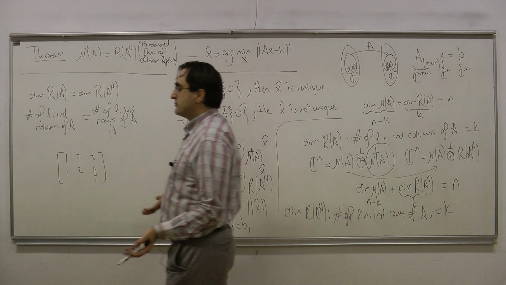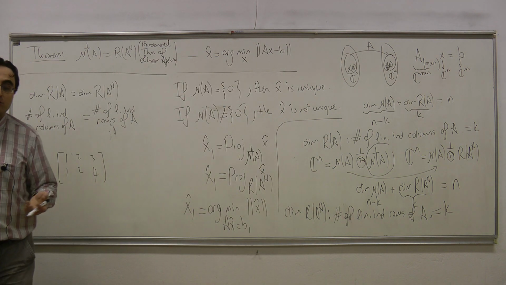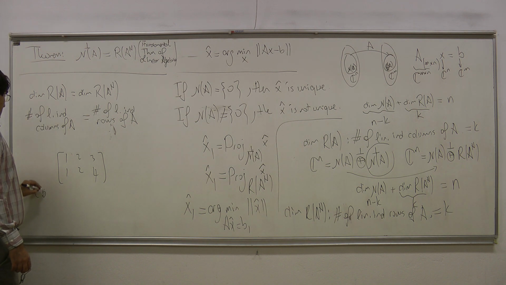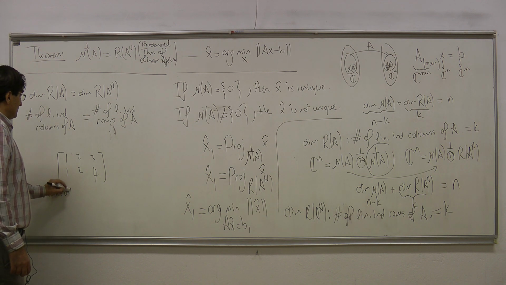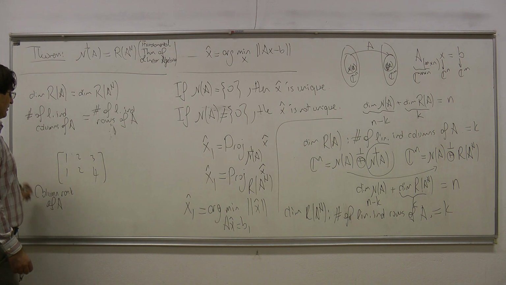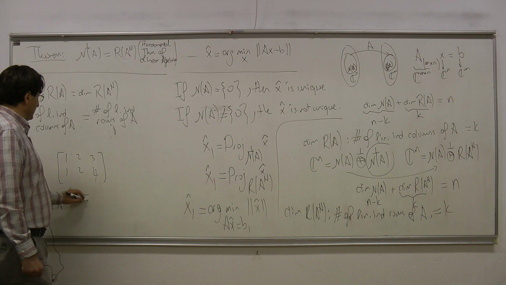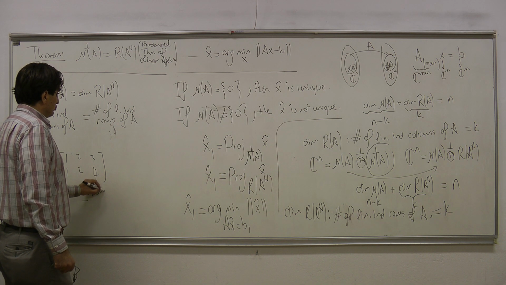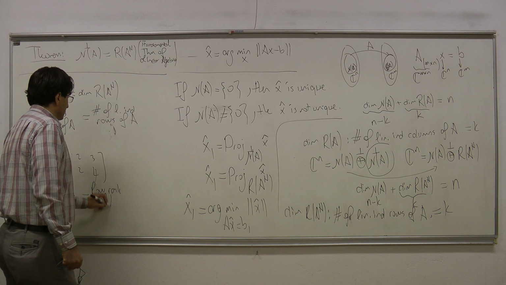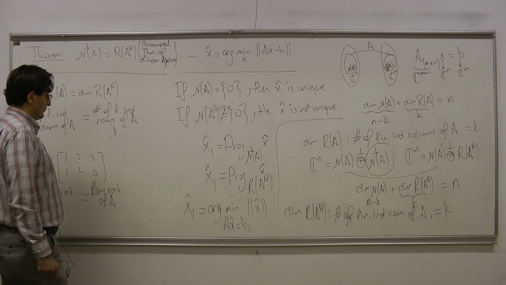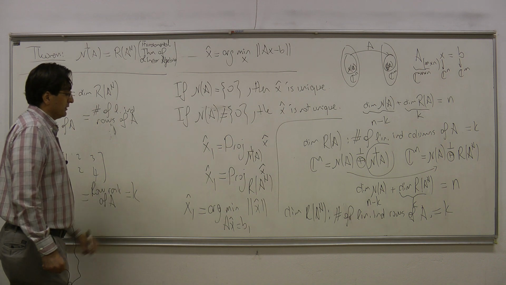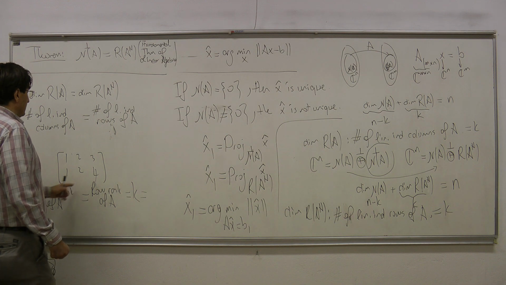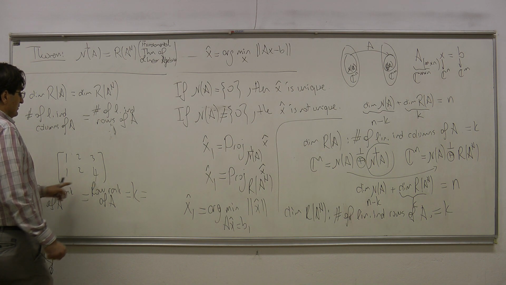The column rank of the matrix is equal to the row rank of the matrix. Sometimes we call this like this. So the column rank of A, which is the number of linearly independent columns of A, is equal to the row rank of A, which is the linearly independent rows of A. Okay, so both of them are equal, and therefore sometimes we really do not differentiate between these things.